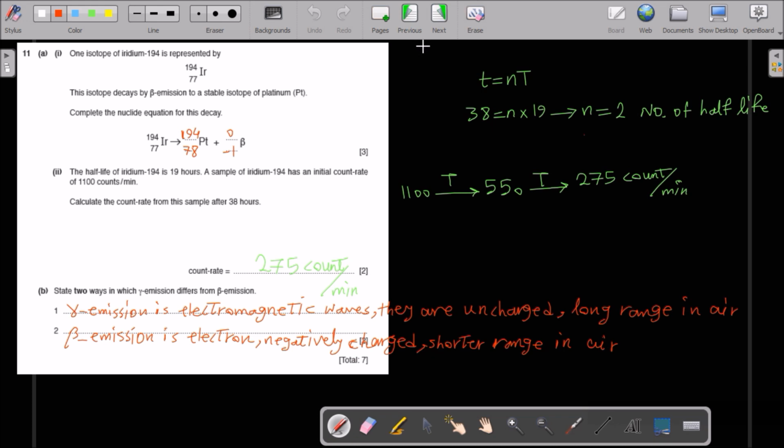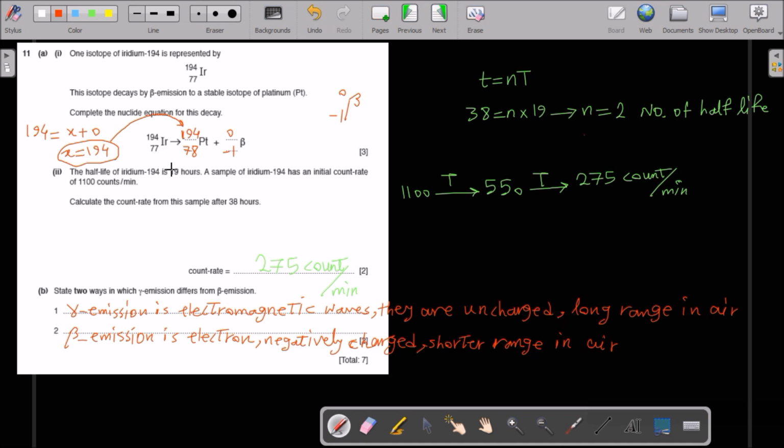So we know that beta is 0 and -1. If you write 0 and -1 for beta, then you should use conservation of mass and charge. For the upper part, you should write conservation of mass. So you can write 194 is equal to, for example, x plus 0. So what is x? 194. So this is this number.